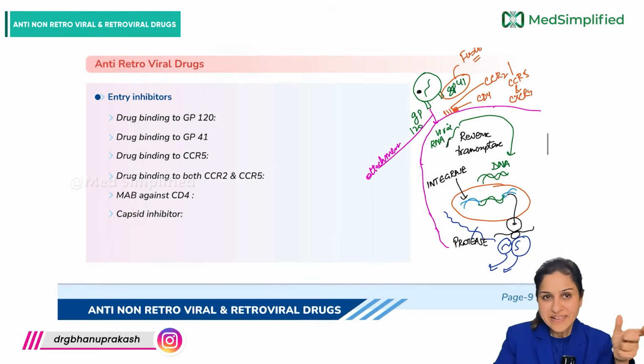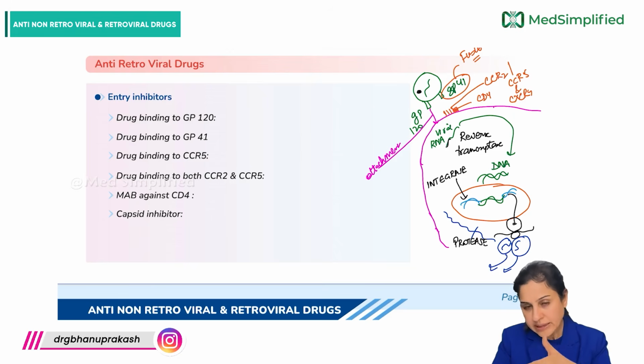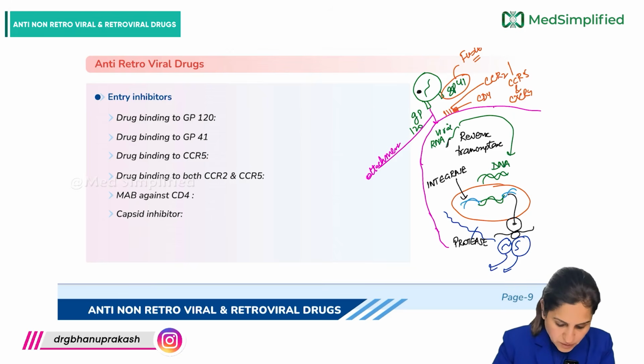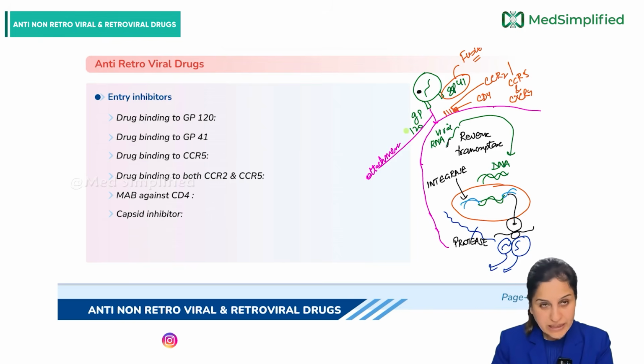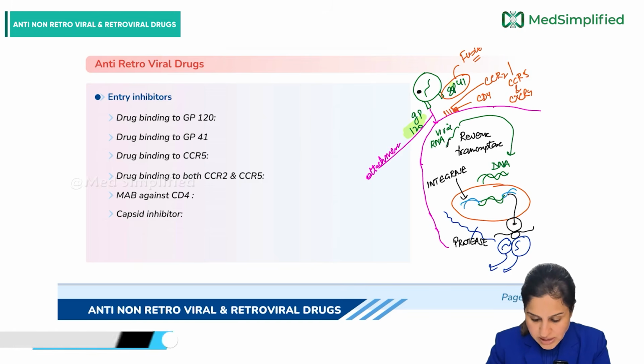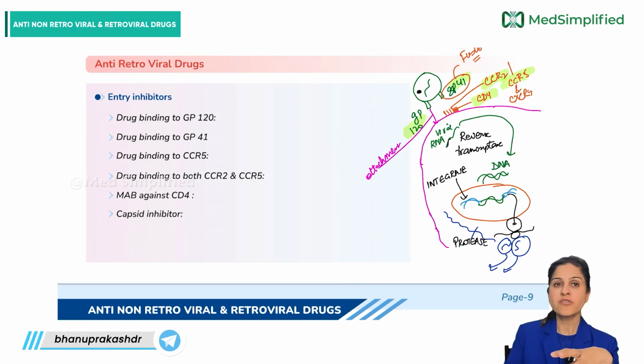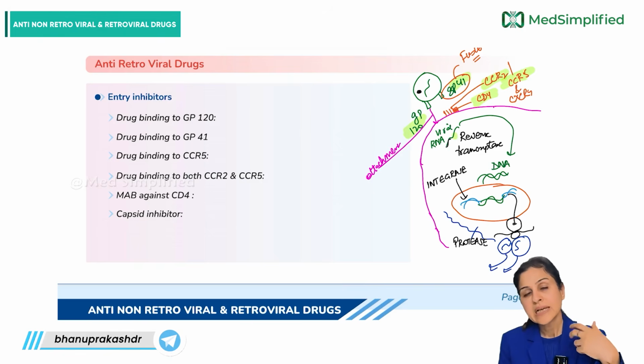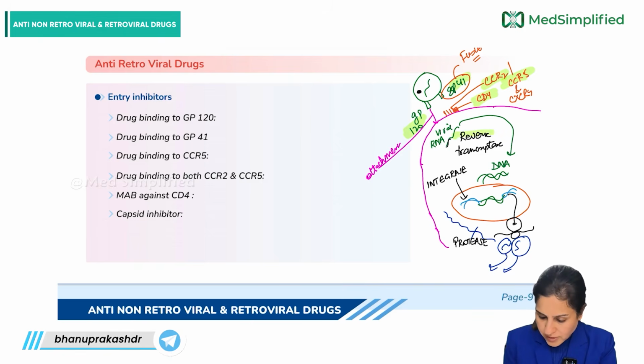So your antiretroviral drugs are going to target these different steps. For example, the first step is entry inhibitors, right? The entry inhibitors either target the GP120 or 41, or they block this so that the entry of the virus can be blocked. Second step is you block this reverse transcriptase.